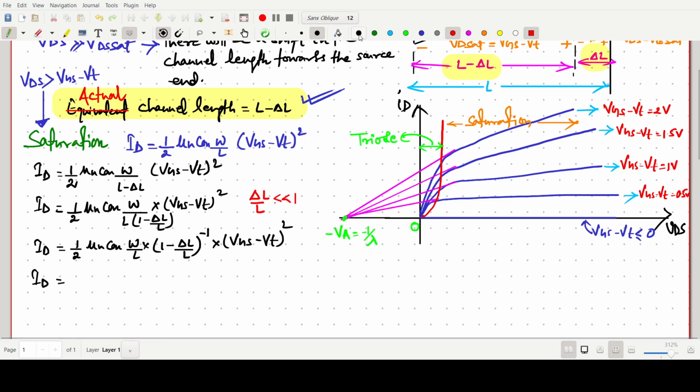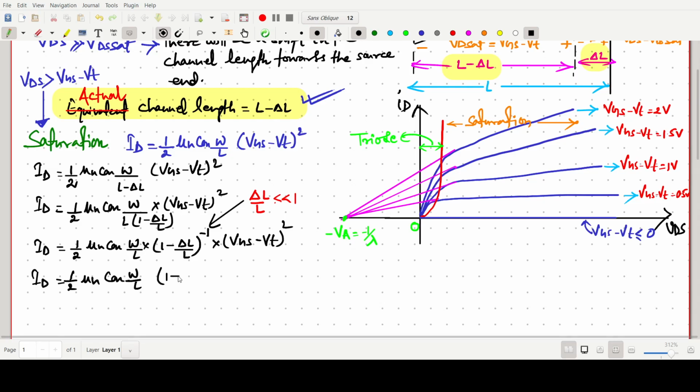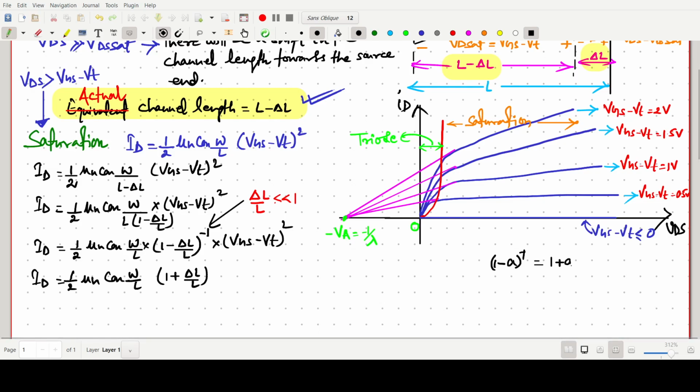So one can directly write the expression for this one, 1 by 2 mu n Cox W by L, 1 plus delta L by L. Okay, means 1 minus delta L by L to the power minus 1 will be 1 minus of minus 1, means 1 plus, simply. This is just the binomial expansion, x minus y to the power n.